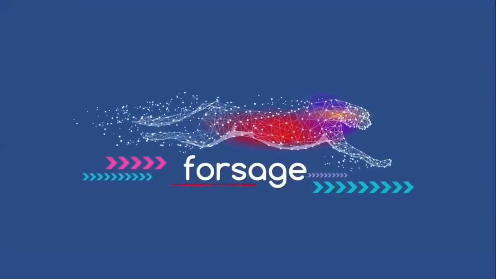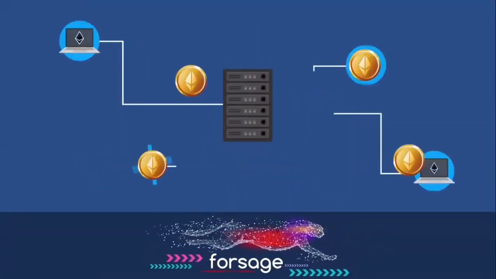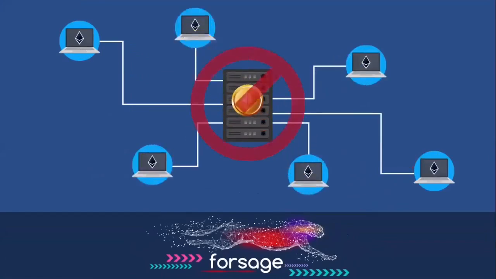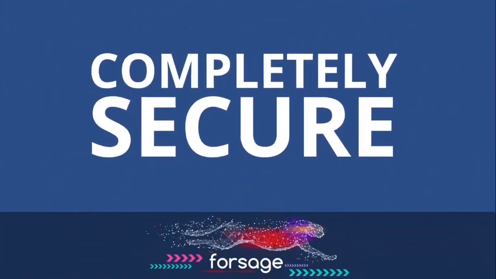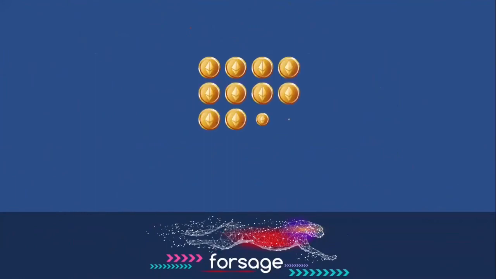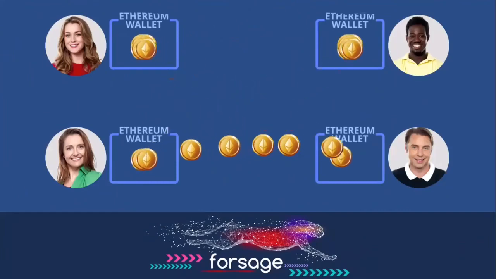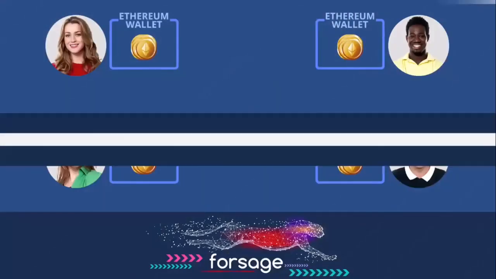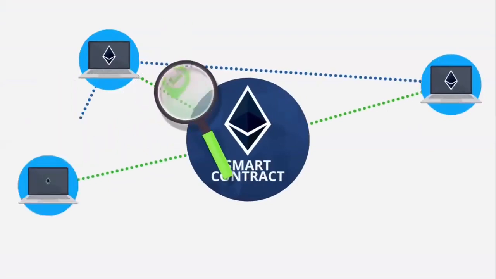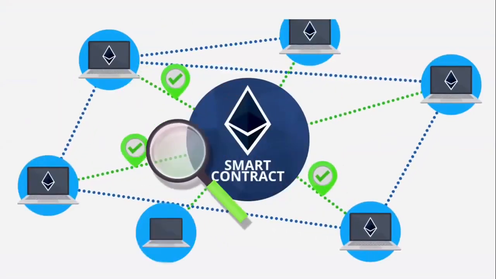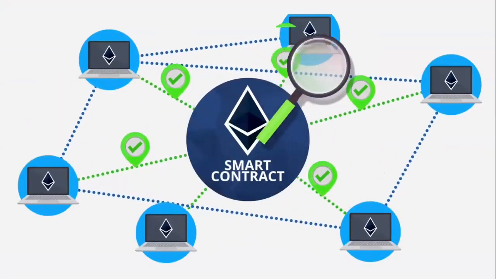Unlike centralized cryptocurrency projects, the founders of Forsage never take or store members' cryptocurrency in any centralized location, so it's completely secure. 100% of all Ethereum payments are sent instantly and directly to the members of Forsage and stored in their personal Ethereum wallets, which they control the private keys. You can easily verify all of the transactions on the Ethereum blockchain, as the project is fully transparent.